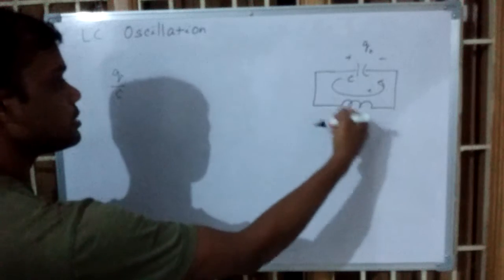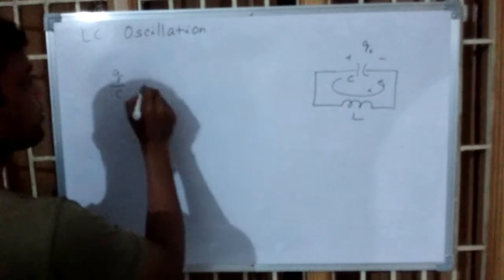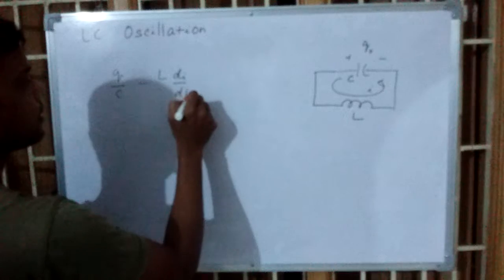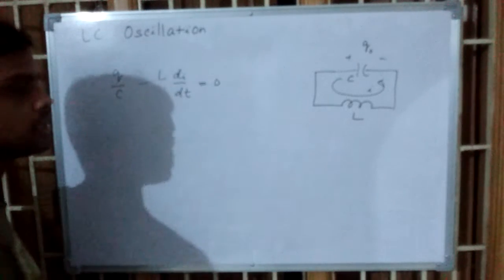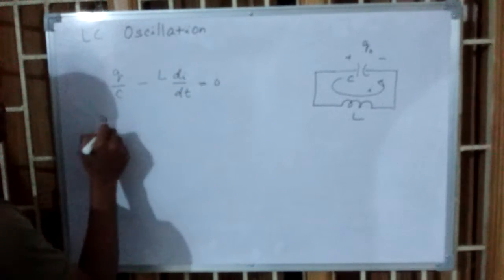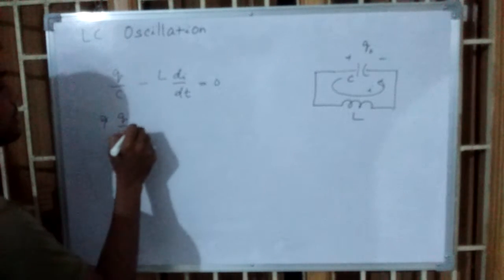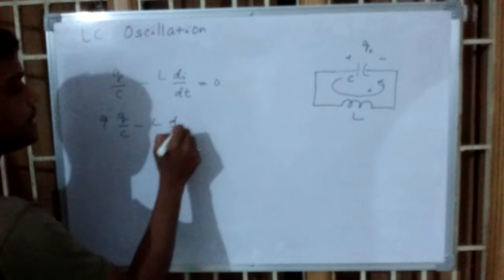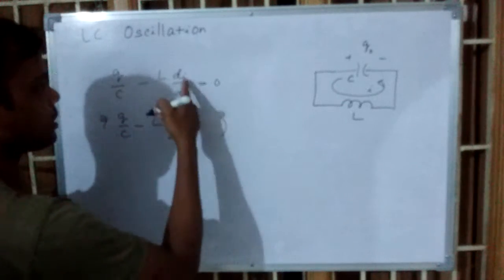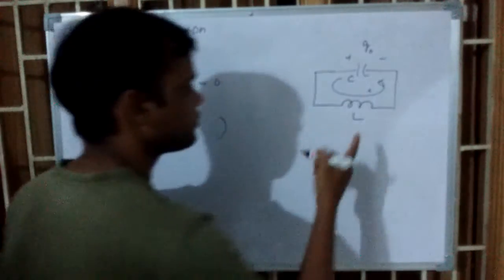Then supply is equal to drop. The voltage drop by the inductor will be L di by dt. This is equal to 0. This implies Q by C minus L d by dt of I. What is I?